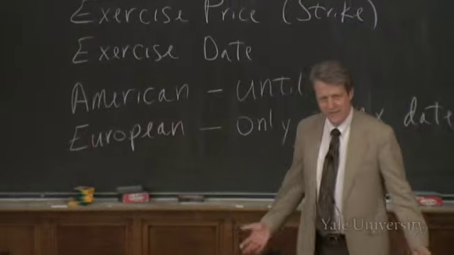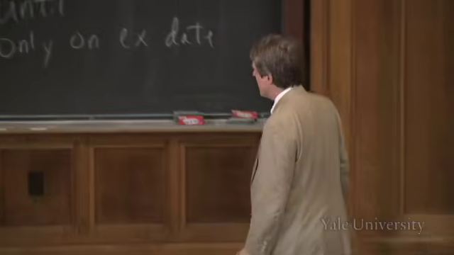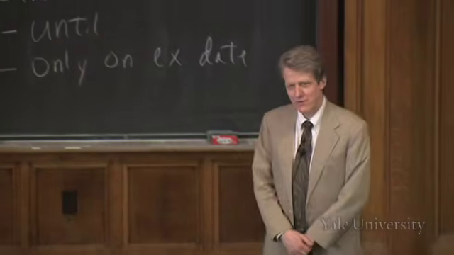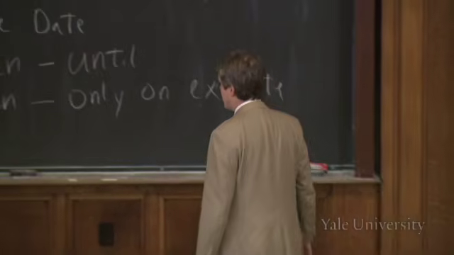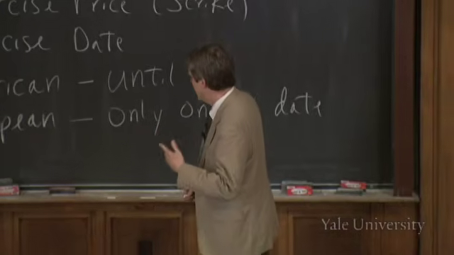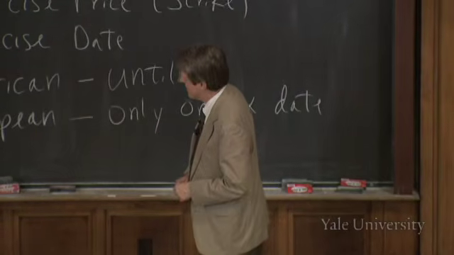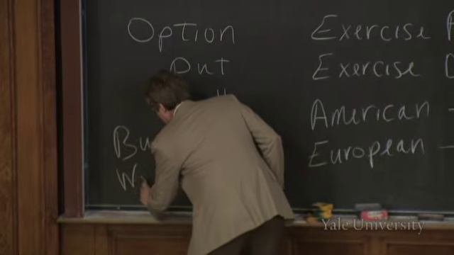But the buyer doesn't have to do anything. You can just do nothing. You buy the option, and if you do nothing, it becomes worthless because the only way the option ever gives you value after you buy it is if you exercise it, meaning you say, I will use my right to buy or sell.